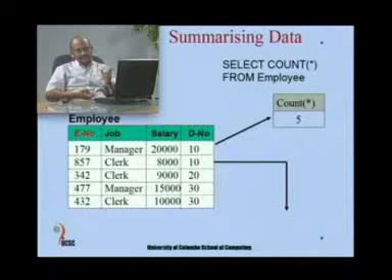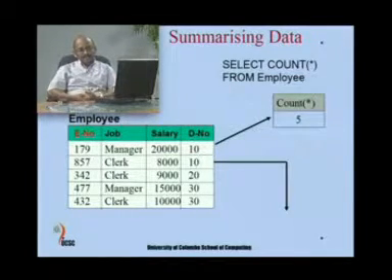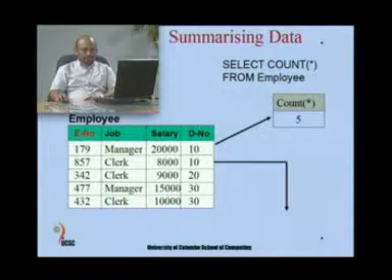So, the function is count within brackets star, and that would be the output column. Here it is not a column name from a table, but a built in function, and that will give the count of how many records are there. In this particular case you are counting records in the employee table. So, the syntax would be select count star from employee.